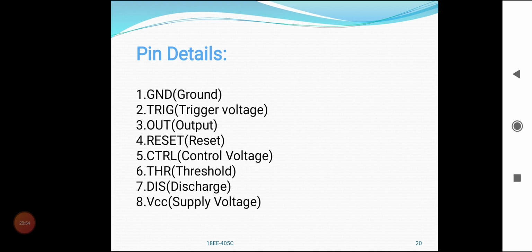Pin 1 ground, 2 trigger, 3 output, 4 reset, 5 control voltage, 6 threshold voltage, 7 discharge, 8 VCC supply voltage.